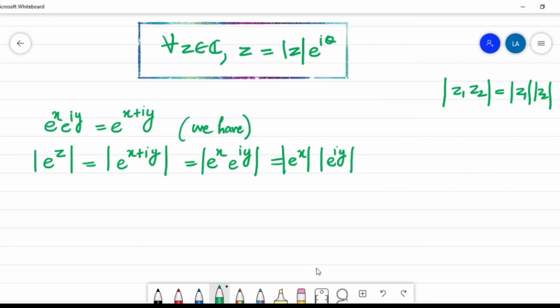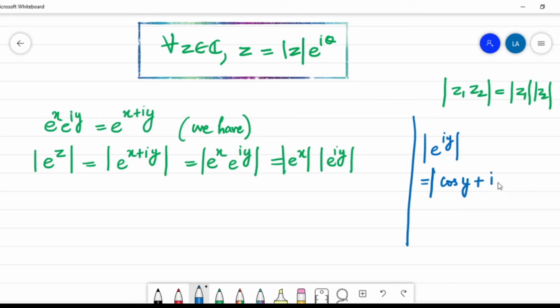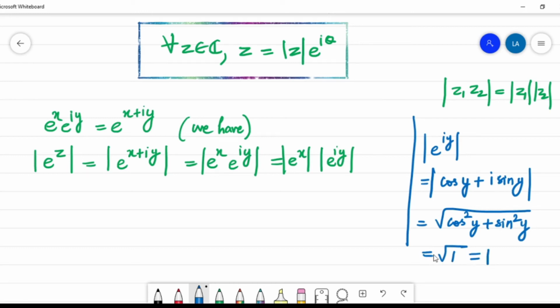Okay. Now, you are going to think about modulus of e raised to iy. Okay. This is equal to modulus of the De Moivre's expression cos y plus i into sin y, which is nothing but root of cos square y plus sin square y. We proved that that is equal to 1. So, that is equal to root of 1, which is equal to 1.